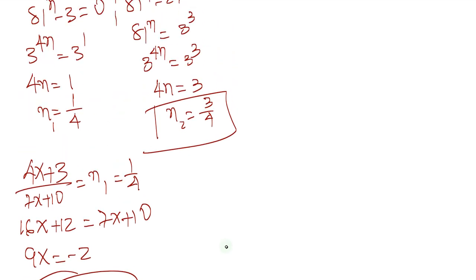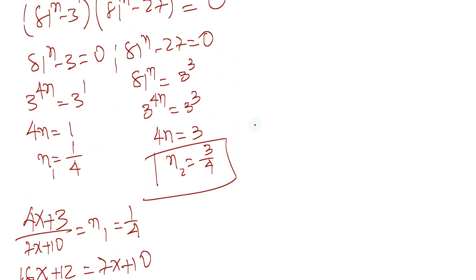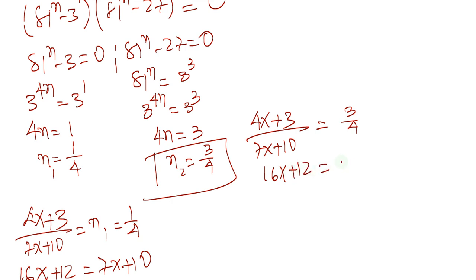The second one we will find here. We're going to do the same thing. We have (4x + 3)/(7x + 10) is equal to 3/4. Then 16x + 12 equals 3 times 7, which is 21x, and then plus 30.